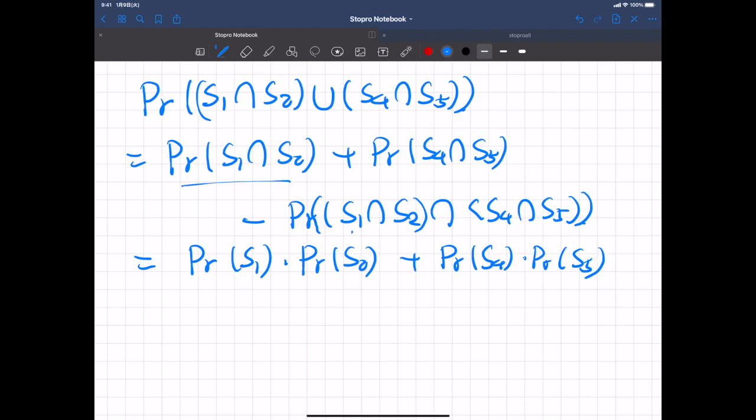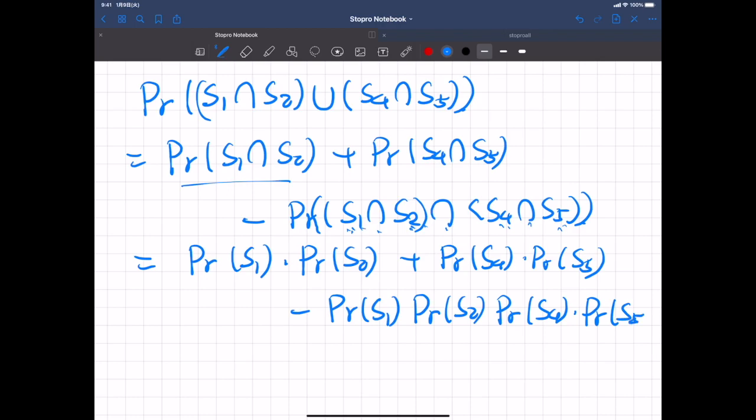And this one, we just have a conjunction here, so it's just a product of 4 components. So that's minus probability of S1, probability of S2, and probability of S4 and S5.